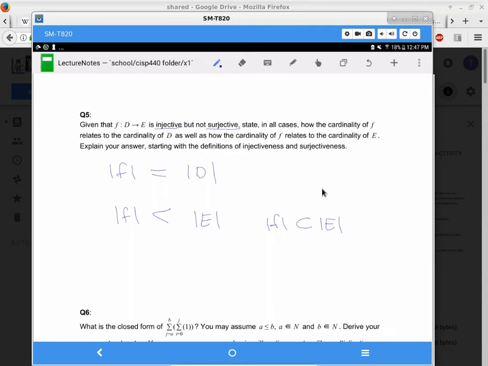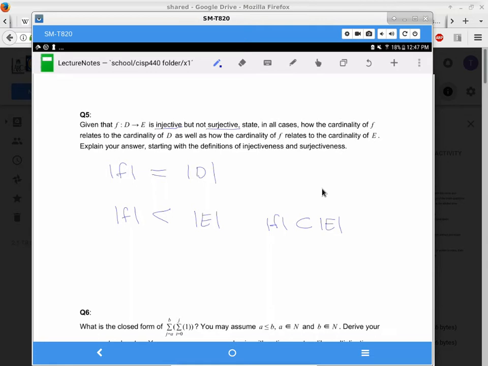Yep. I was thinking, when looking at the first part of it, where it's the cardinality of F equal to the cardinality of B, I was thinking of all possible options for the cardinality of F versus just the plain cardinality. But that means you're not really taking into consideration that we already know that F is injective but not surjective.